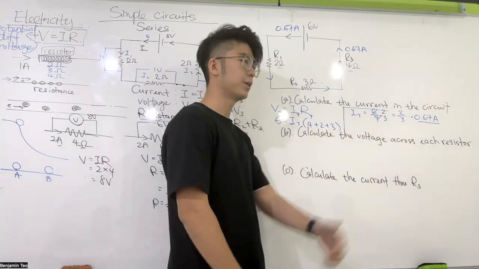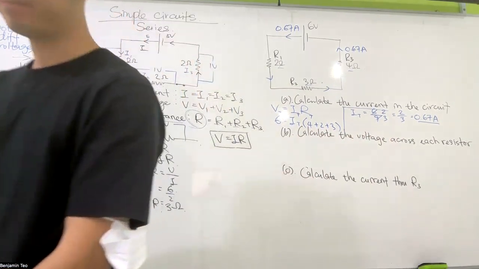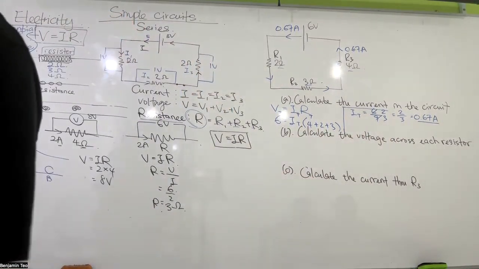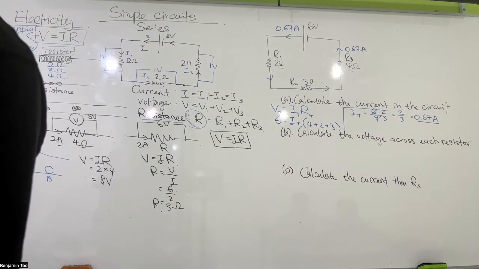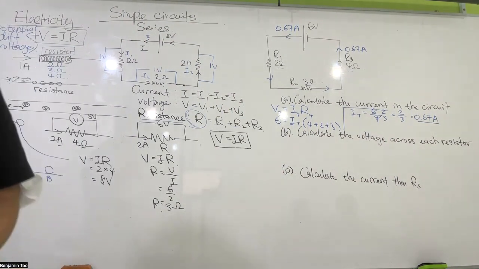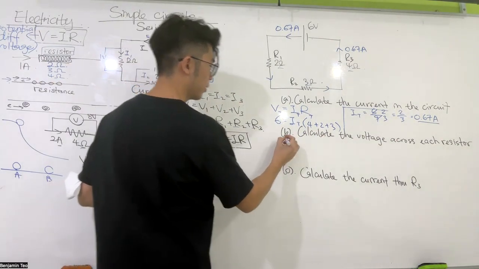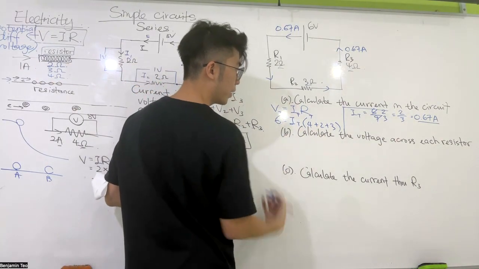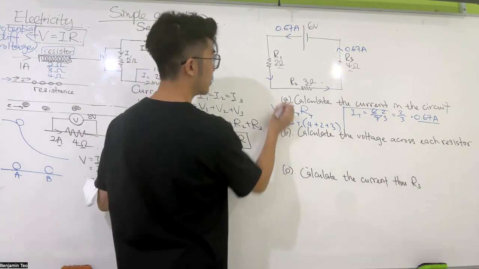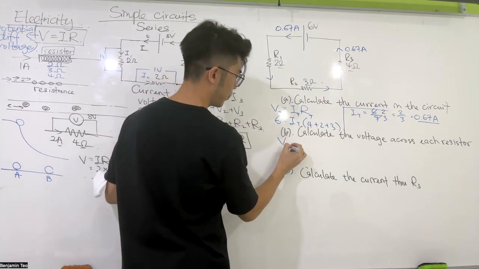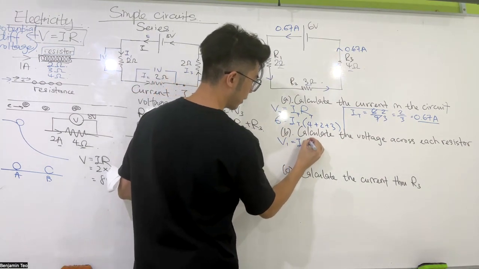Calculate the voltage across each resistor. Across each one of them. So for resistor 1, I will do V1, I1, and R1.